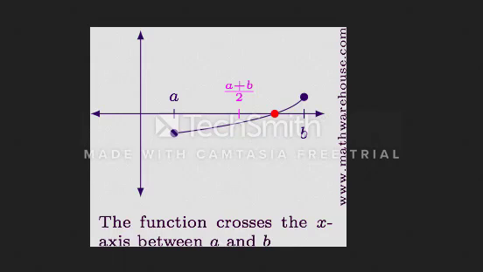If f(a) into f(c) comes out to be positive, then a is replaced by c. If it comes out to be negative, then b is replaced by c. The process is continued until the 0 is obtained. Since the 0 is obtained numerically, the value of c may not exactly match all the decimal places of the analytical solution of f of x in the interval a comma b.